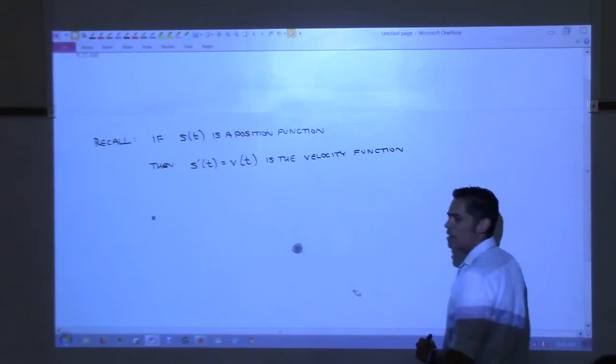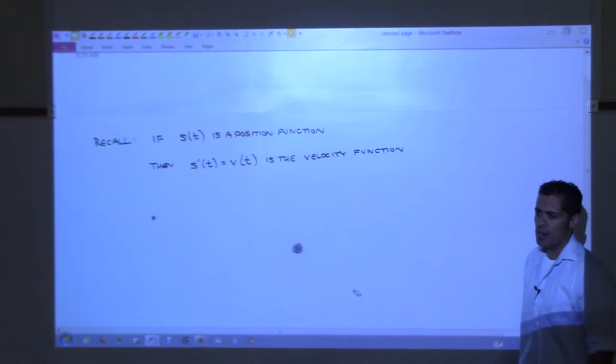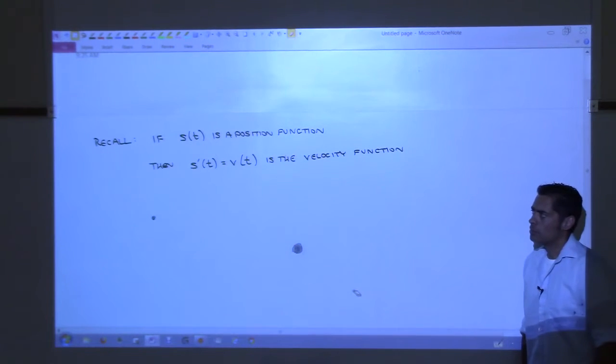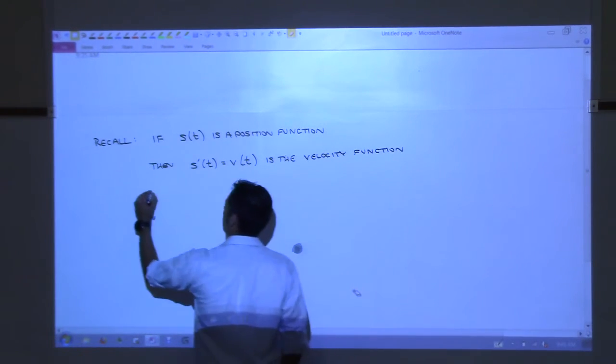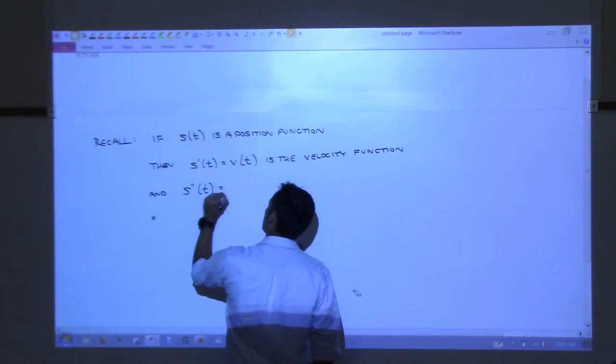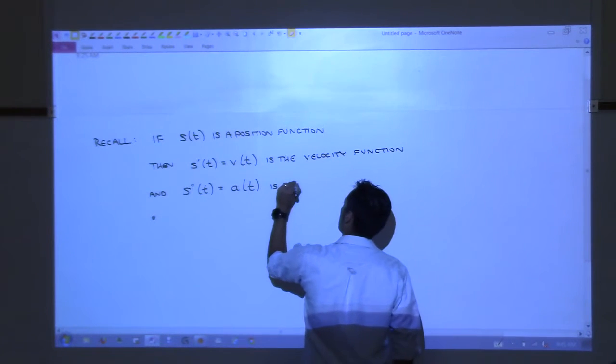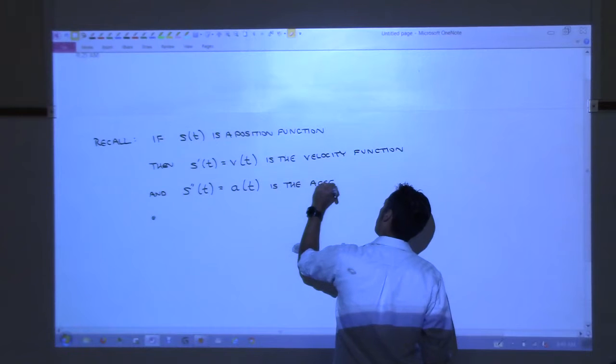Do y'all remember us talking about this, or does this seem completely foreign? Well, that's why I'm asking you. I think we did, but I don't know how in depth we got. The second derivative is acceleration, and a of t is the acceleration function.